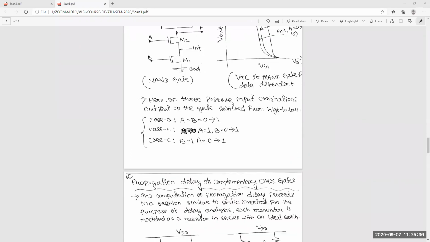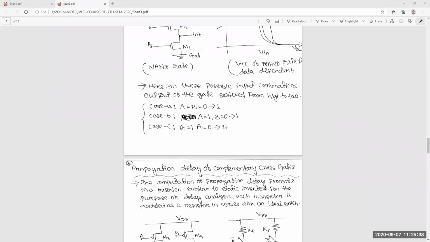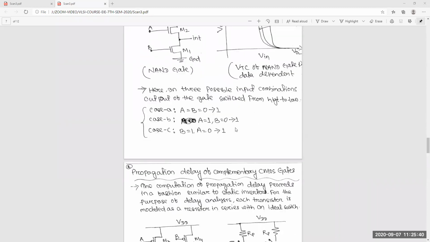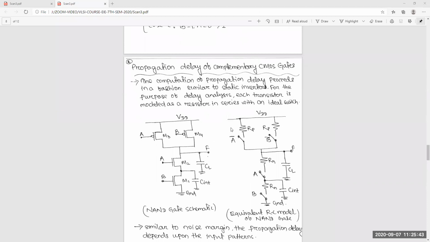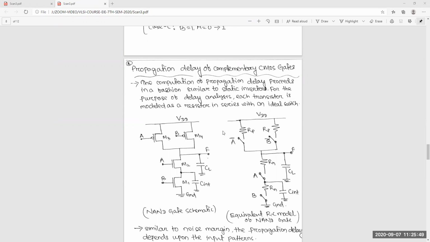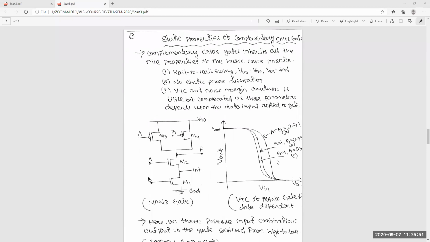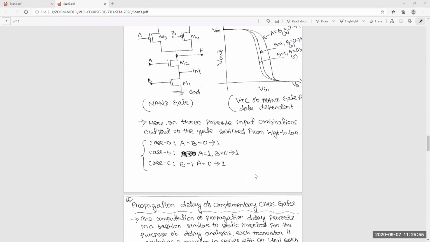So now, in these three cases, the propagation delay of a complementary CMOS gate. Now we can discuss the propagation delay. That was the static characteristics. As with the inverter, we discussed first static characteristics, then dynamic characteristics.